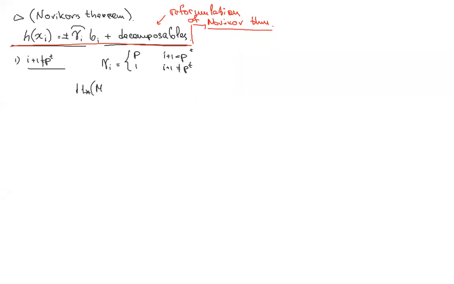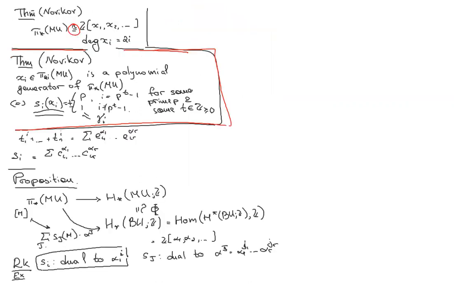We have the homology of MU with integer coefficients, and it is isomorphic to Z[b_1, b_2, etc.]. We have alpha_i's here, and the b_i's are just the images of the alpha_i's under the Thom isomorphism.